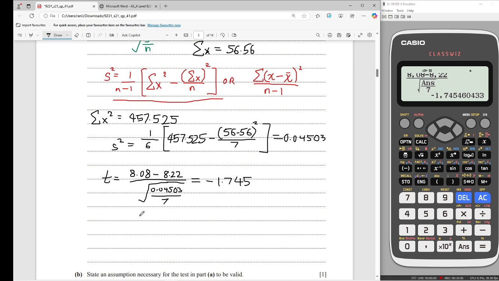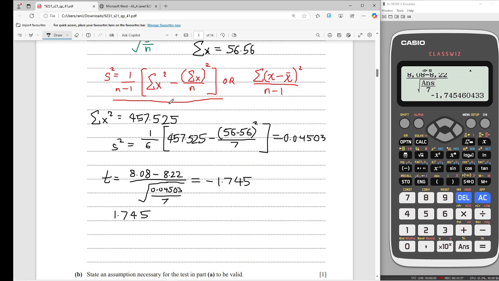So now we're going to be comparing the critical value with 1.745. We don't compare with negative 1.745. The only time a negative test statistic is compared is in Wilcoxon signed rank tests. Okay, and this is our test statistic.